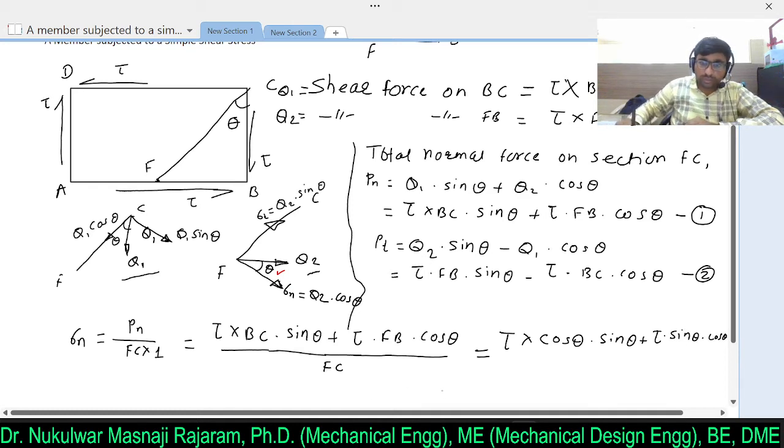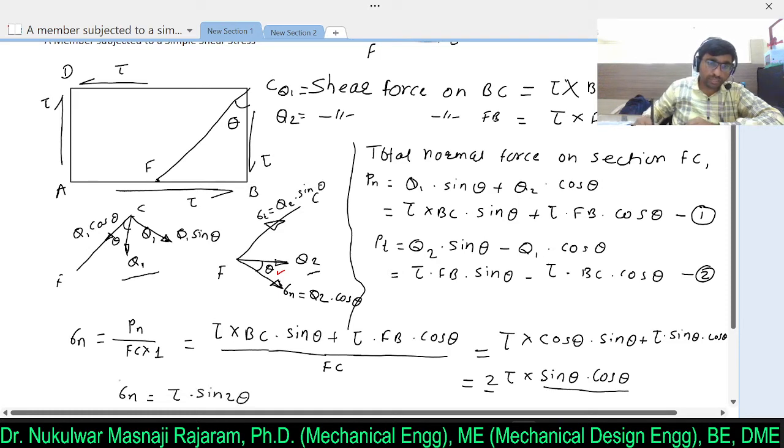Simple. So here all terms are common, so I can write 2 tau into sine theta into cos theta. For 2 sine theta cos theta, we have the equation sigma n equal to tau into sine of 2 theta, because sine of 2 theta is equal to 2 sine theta cos theta.